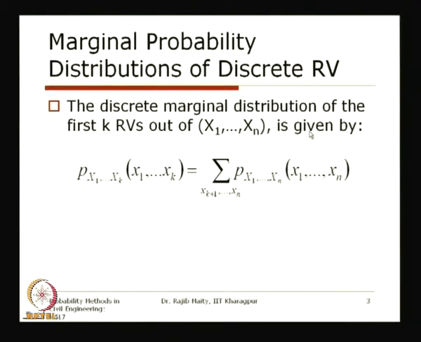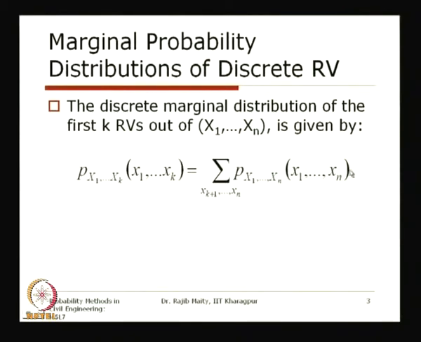In the case of discrete random variables, this marginal distribution p(x1, x2, up to xk) will be equal to the summation over all possible values of the random variables from xk+1 to xn.